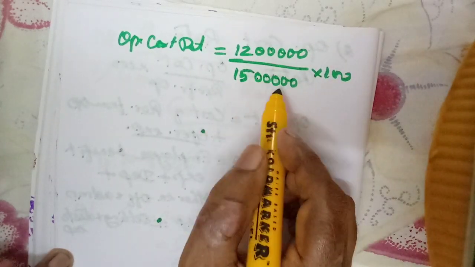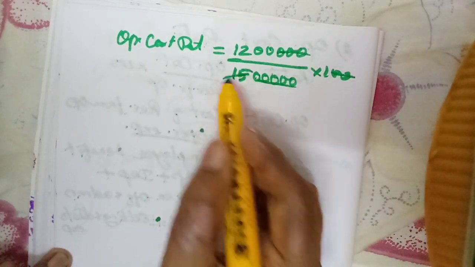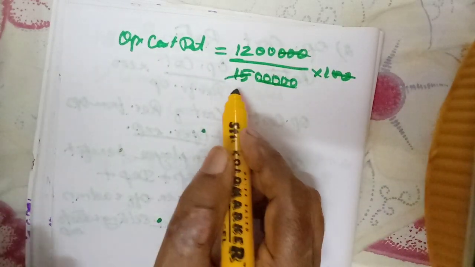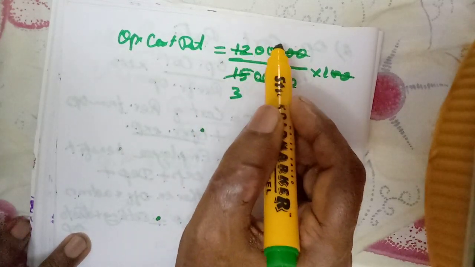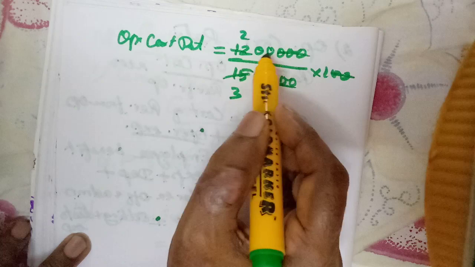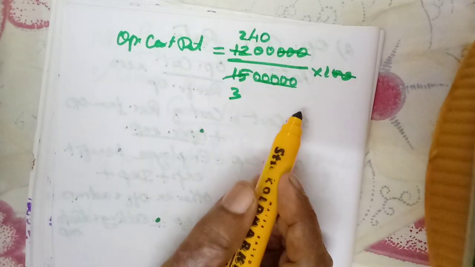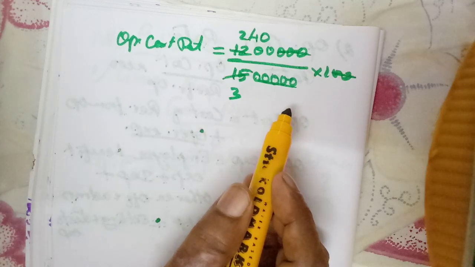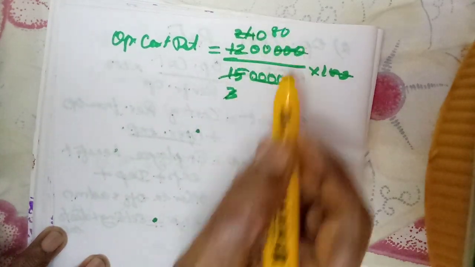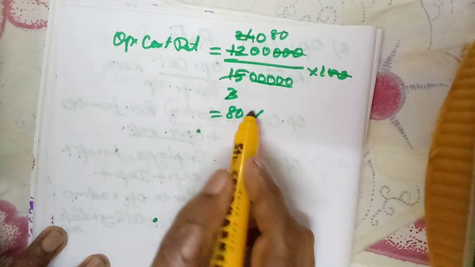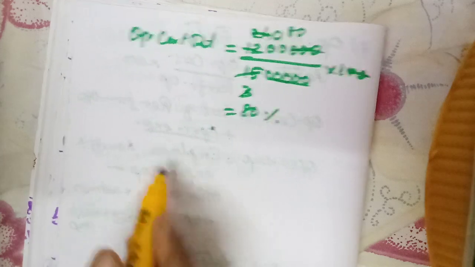Okay, 5 3s are 15, 5 4s are 20, then 3 8. 80 percentage. Okay, operating cost ratio.